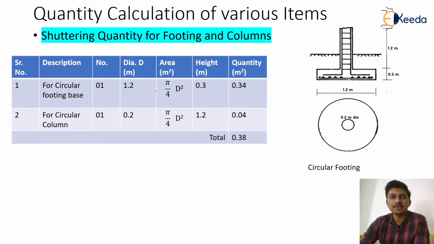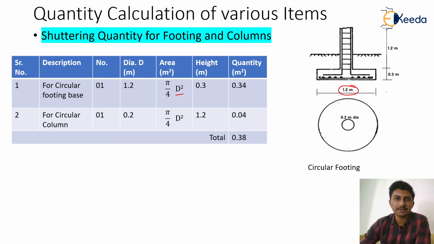Okay, for the circular one it is the same thing, only we are going to use the area with the help of the pi by 4 d square calculation. So the area of this circle will be pi by 4 d square, where the base of the footing has a diameter of 1.2 meter.